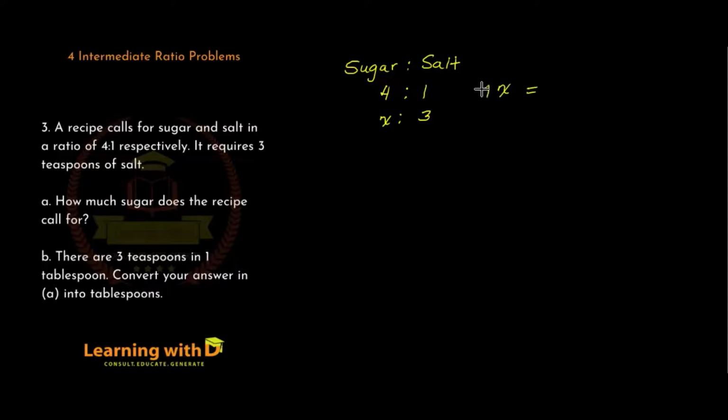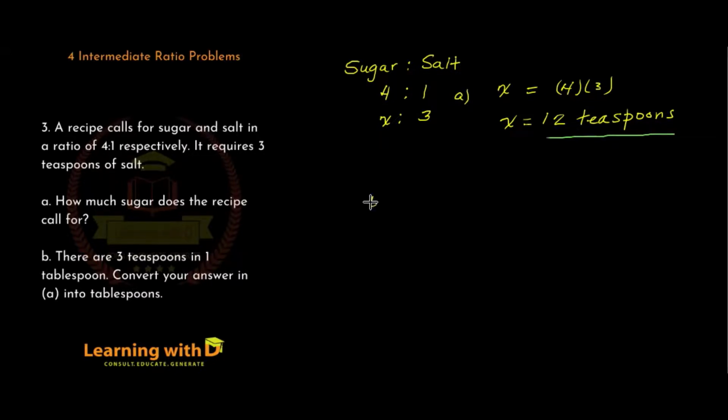We could write 1x, but we don't need to. You can just say x, and this is going to be 4 times 3, and 4 times 3 is 12. And this is teaspoons of sugar, okay? This is teaspoons of sugar. So this is the answer to part A, right?